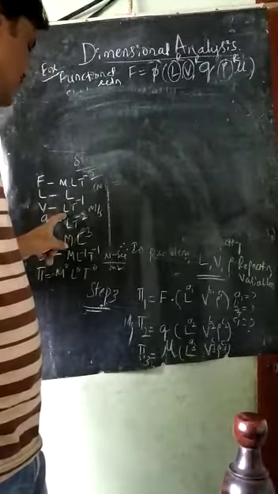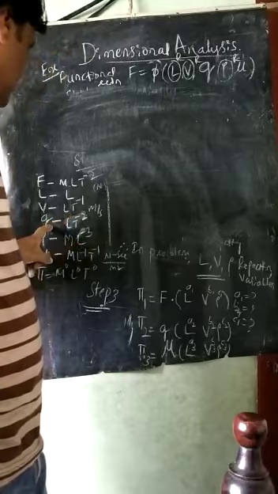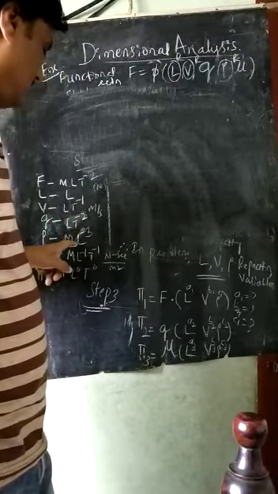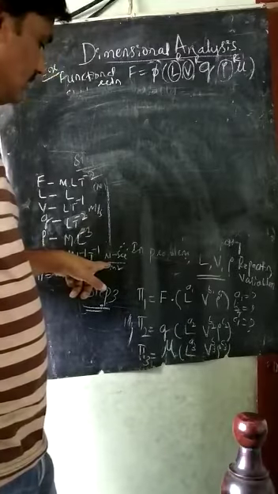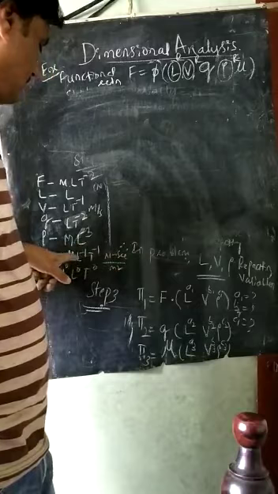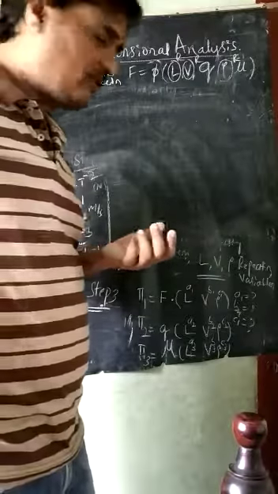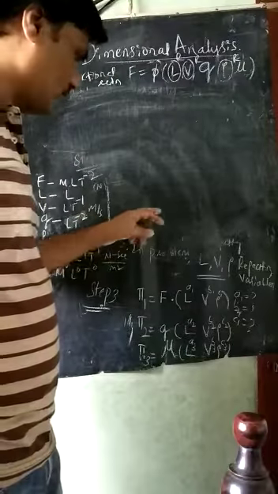For V, velocity, it is meter per second, so L T raised to minus 1. For G, it is L T raised to minus 2. For density, M L raised to minus 3. For mu, viscosity, the unit is Newton second per meter square, so it is M L raised to minus 1, T raised to minus 1. Pi does not have any dimension, so it is M raised to 0, L raised to 0, T raised to 0.